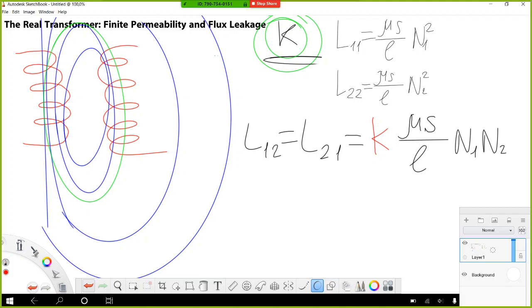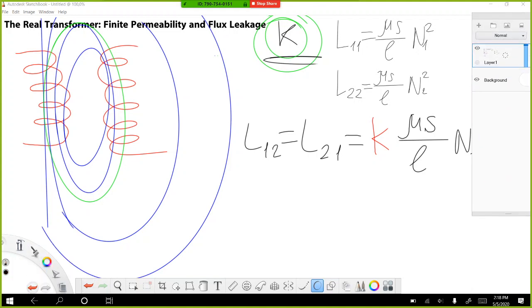Let's take the product of these self-inductances.